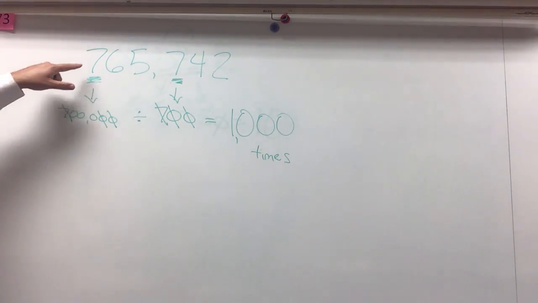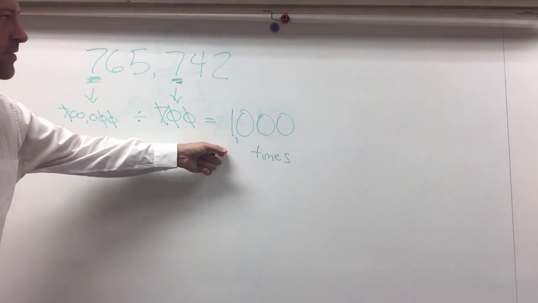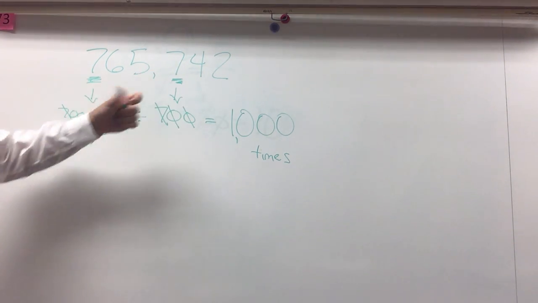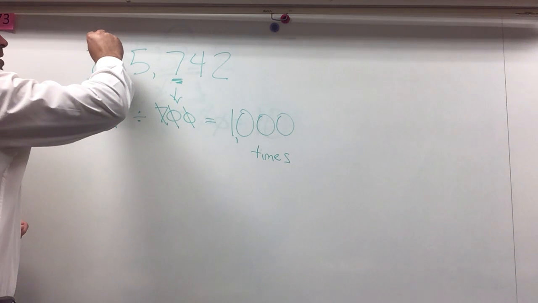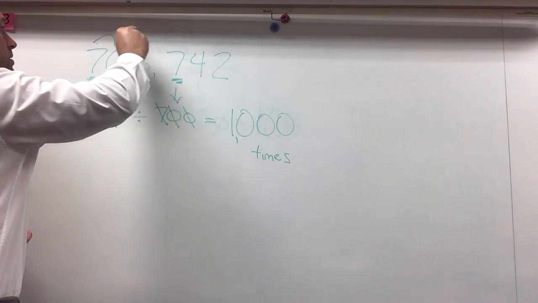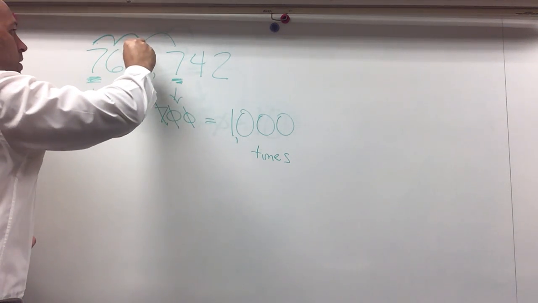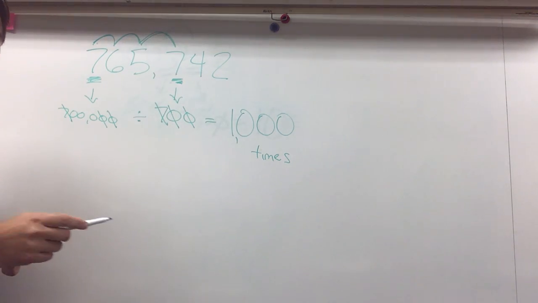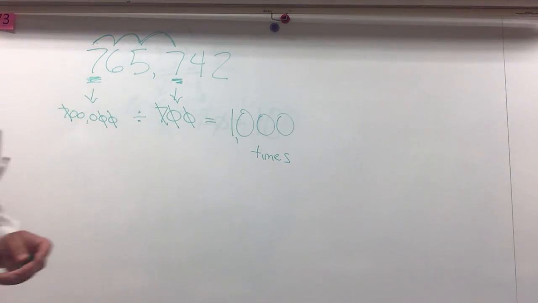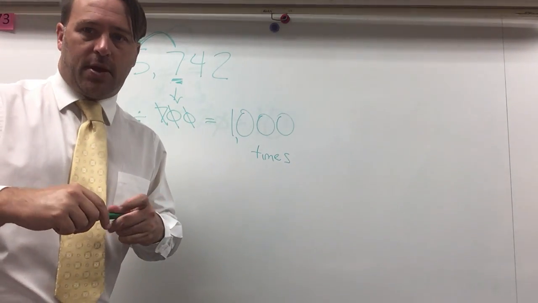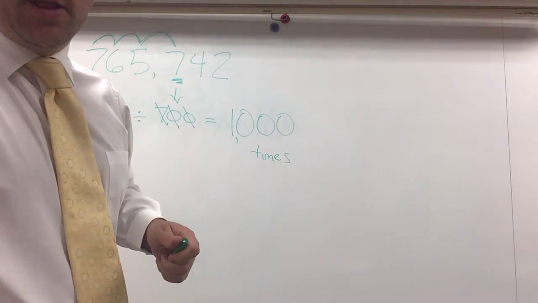So this 700,000 is 1,000 times bigger than that one. And it's 1, 2, 3, 10, 100, 1,000 times. So there's a couple different ways to look at it when you're comparing values of different numbers. Try a little practice, gang.